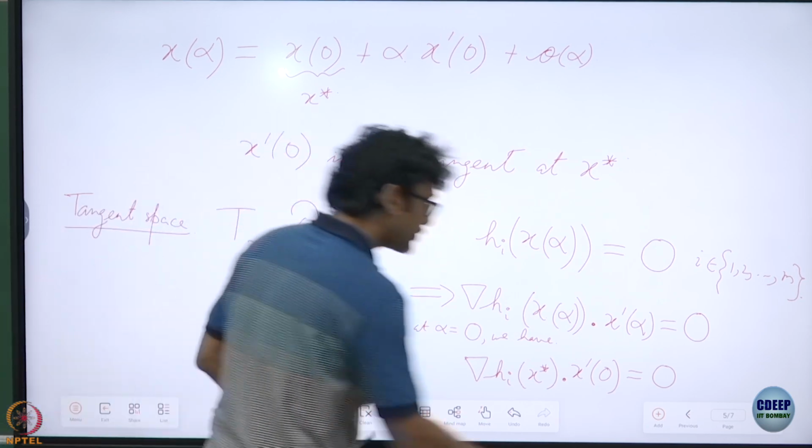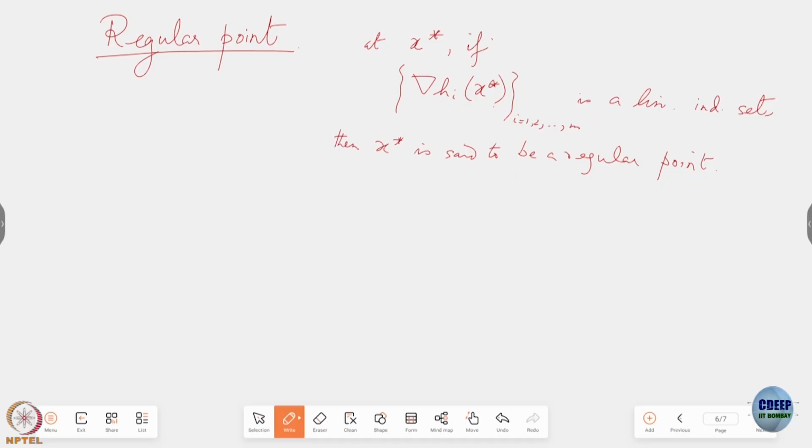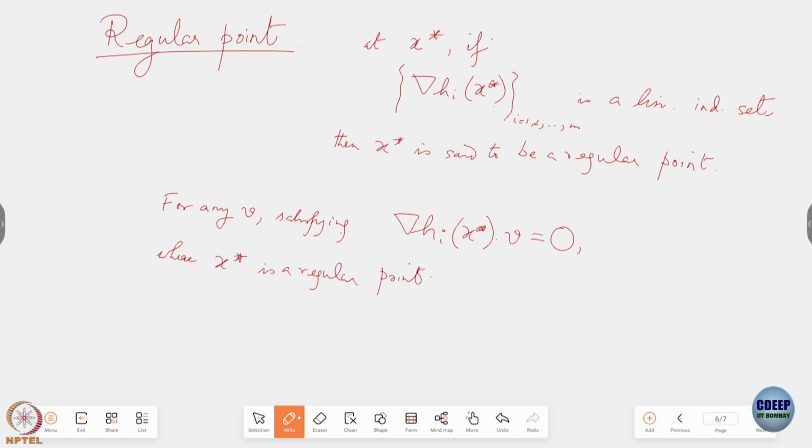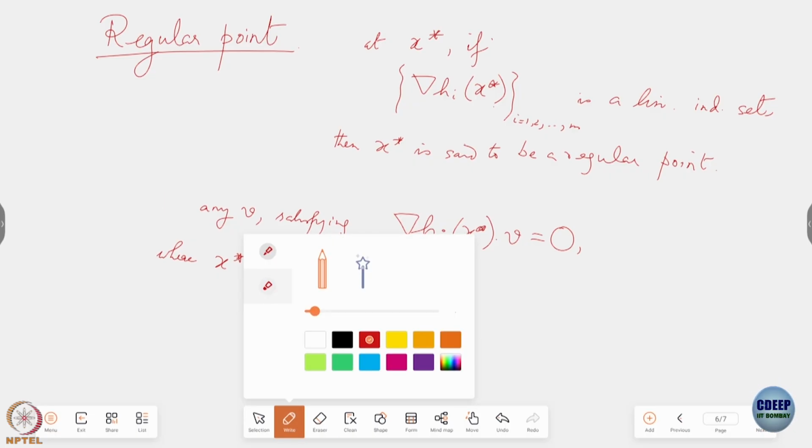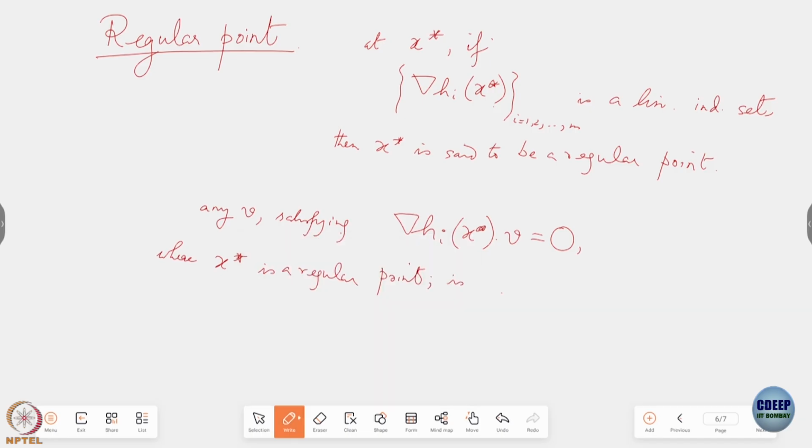So, in other words, for any v satisfying this, where x star is a regular point, any v satisfying this is a tangent vector, or belongs to the tangent space. So, it is both ways.